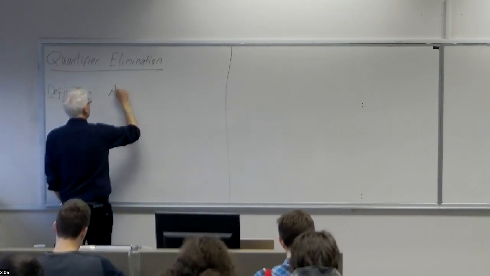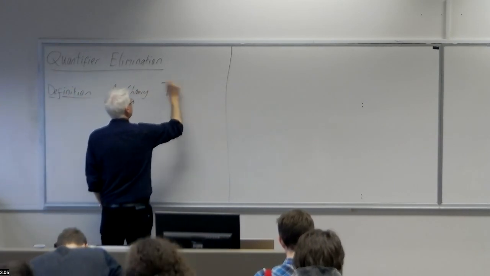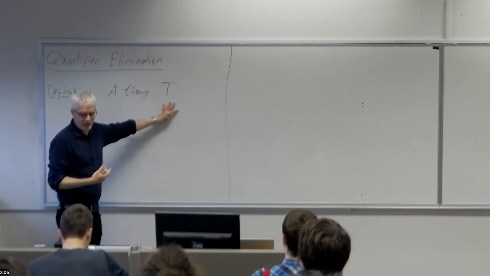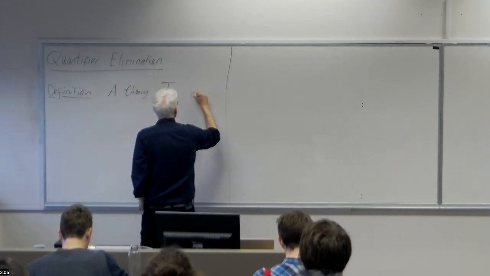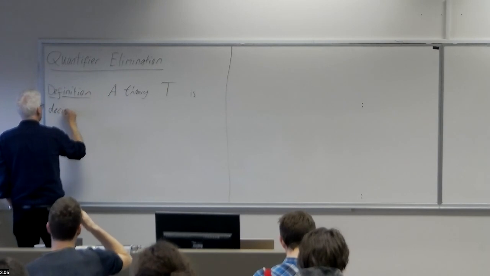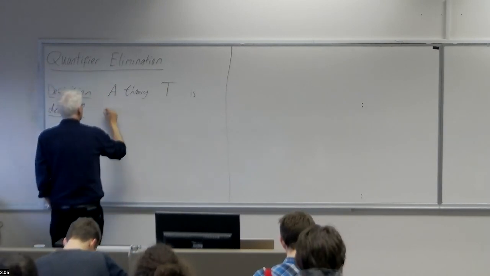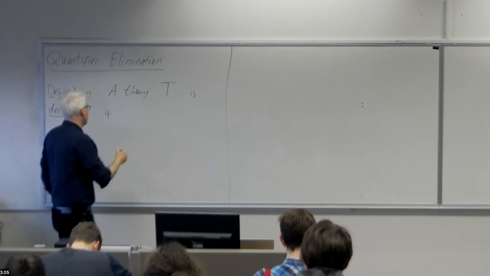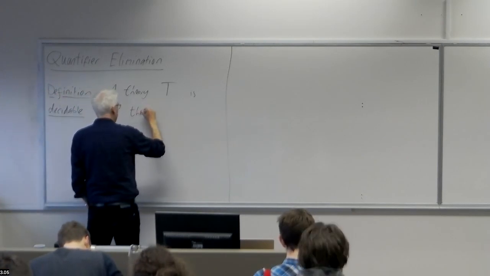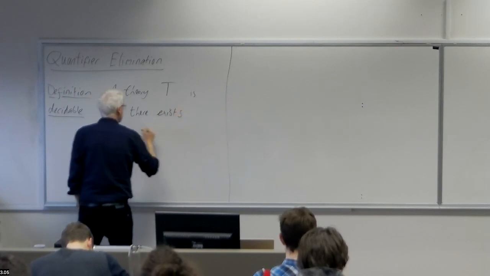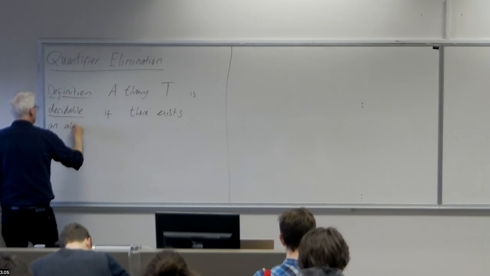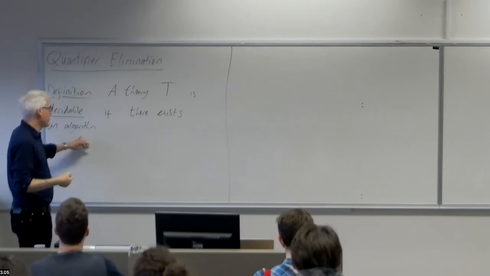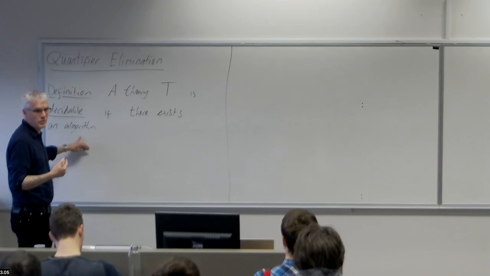So we say a theory T, remember, a theory is a set of logical sentences closed under logical entailment, is decidable if, and this is the informal definition, which is going to be good enough for us in this course, there exists an algorithm, so a precise set of instructions that allows us to compute. So informally, you can think of that also as a computer program.